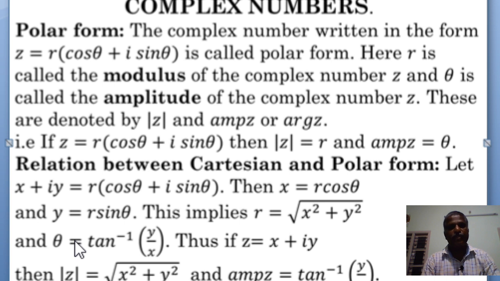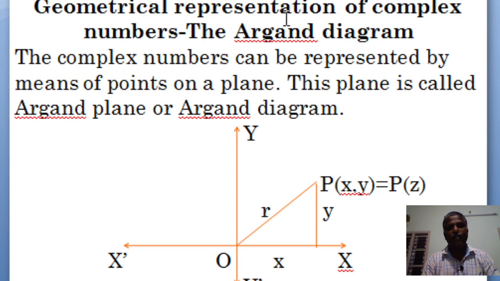Next we have to represent the complex number by means of geometry. This is the geometrical representation of complex numbers, also called Argand diagram or Argand plane. Any complex number can be represented by means of points on a plane, and this plane is called the Argand plane or Argand diagram.